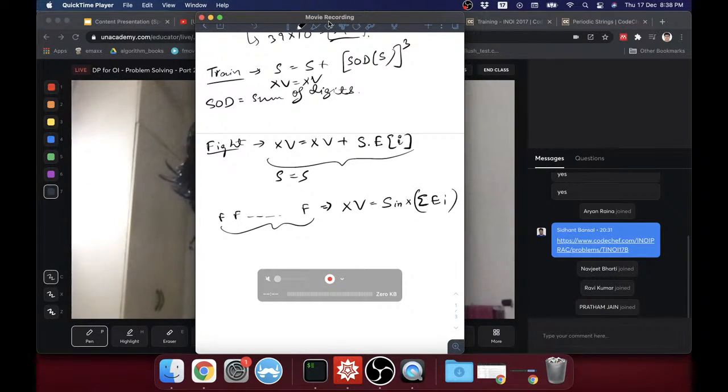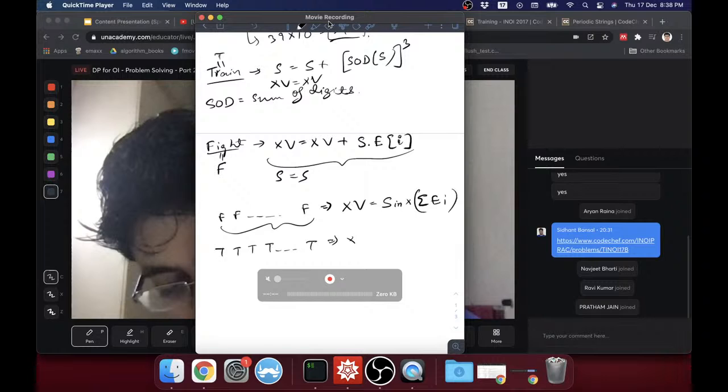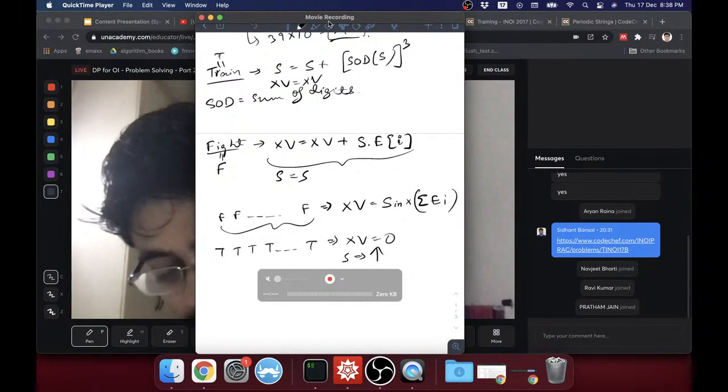Correct? Any doubts here? I'm denoting fight with F and train with T to keep it concise. And if you always train, then your experience will remain unchanged, although your S will become large. You can maximize your S a lot.